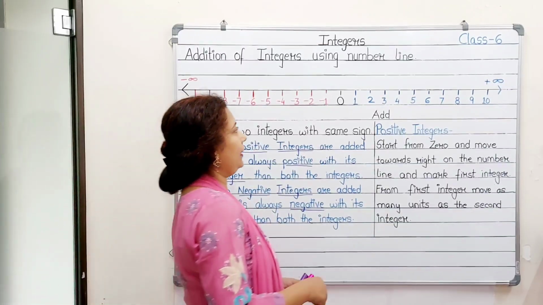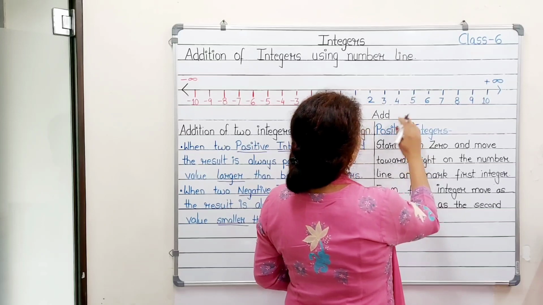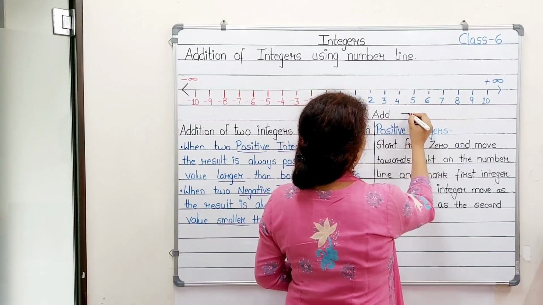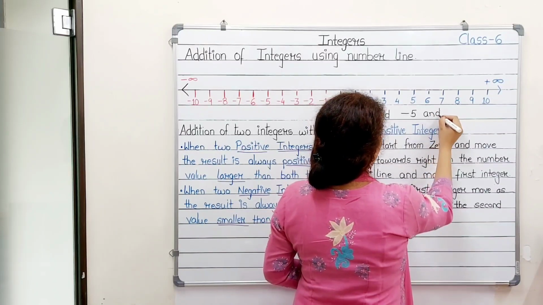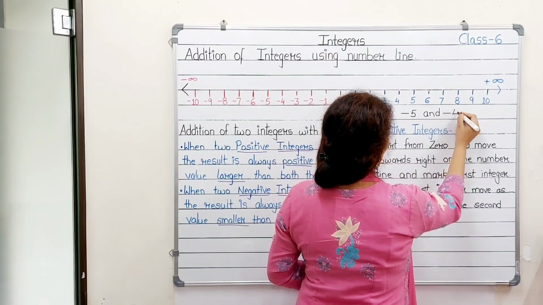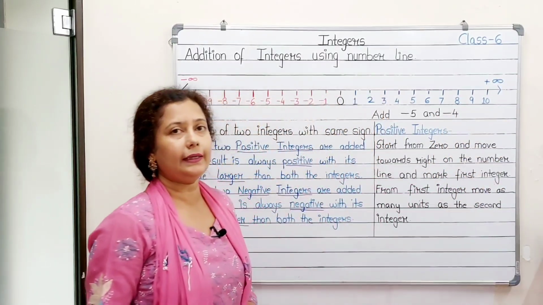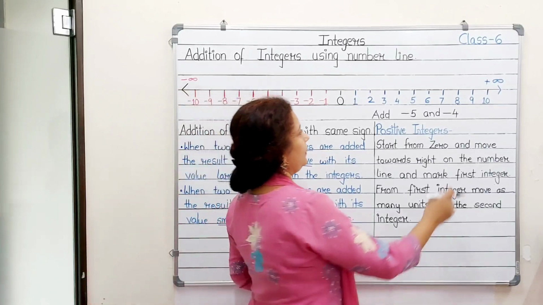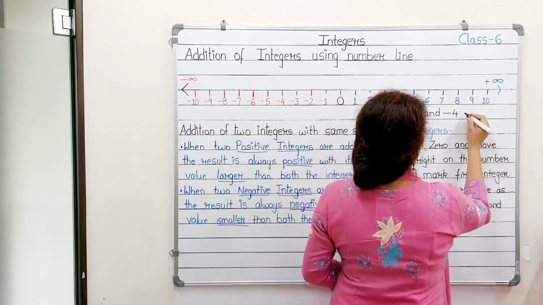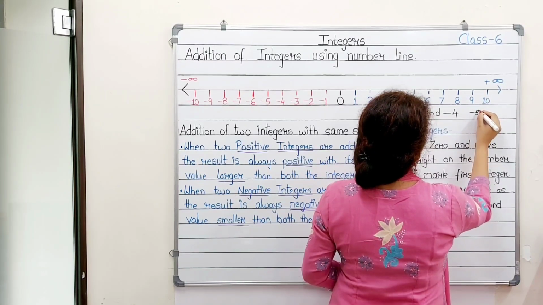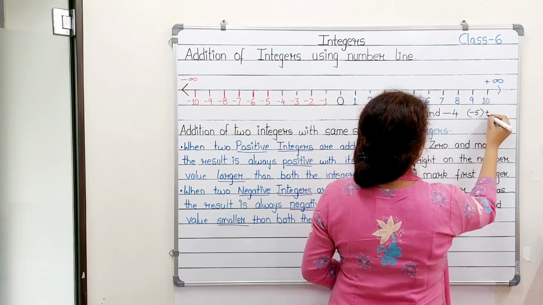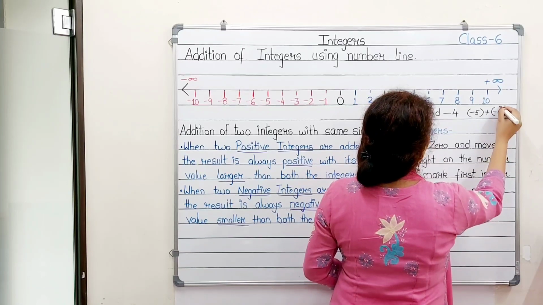Here again we'll take one example. Suppose we are adding minus 5 and minus 4. Both the integers are negative. So we write this in the form of minus 5 plus minus 4.